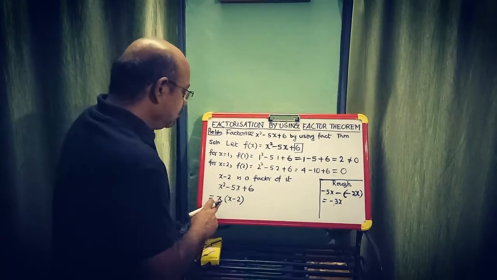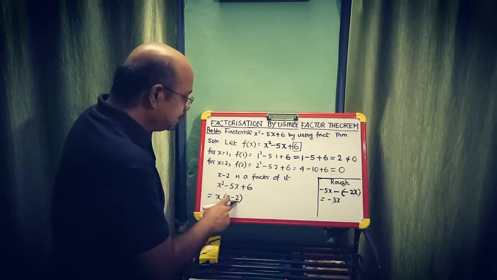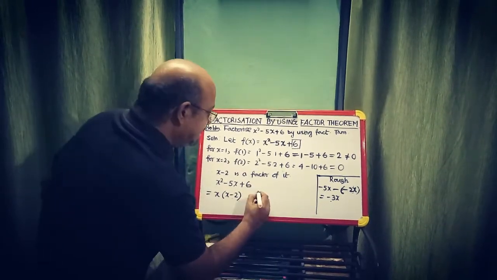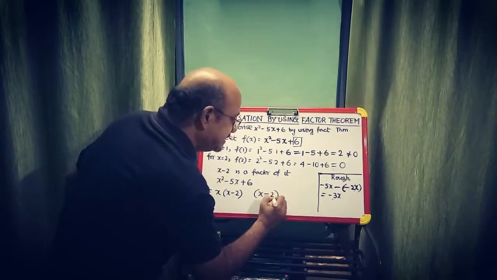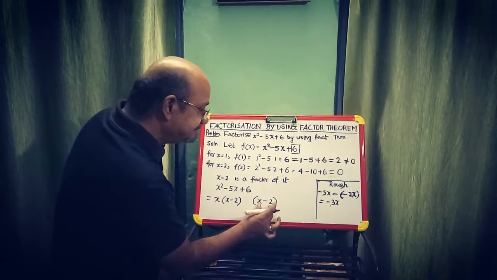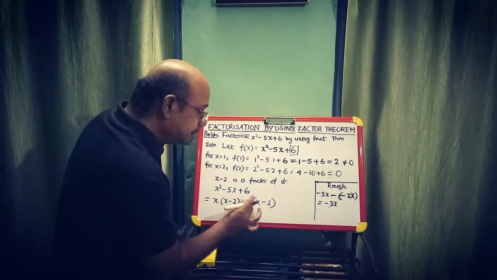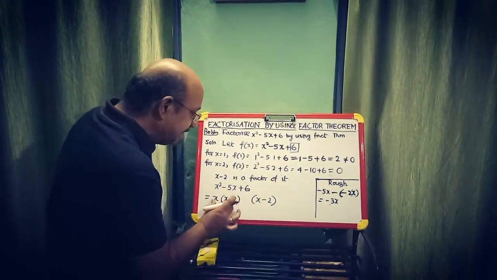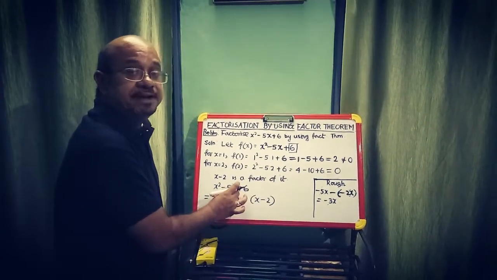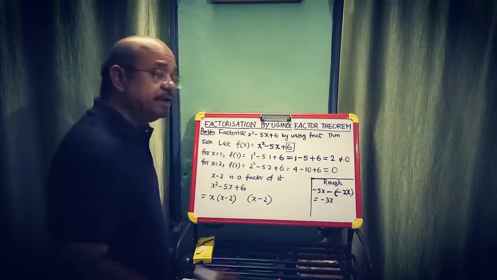Now see, what have you got in that process? x into minus 2, you have got minus 2x. You write x minus 2 once more since x minus 2 is a factor. Now, I will multiply this x minus 2 by some quantity so that minus 2x and this quantity added together should give me minus 5x. With what should I do that?